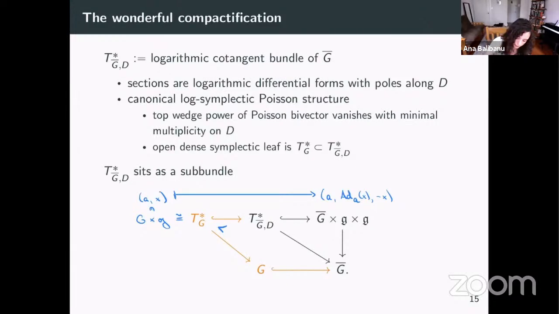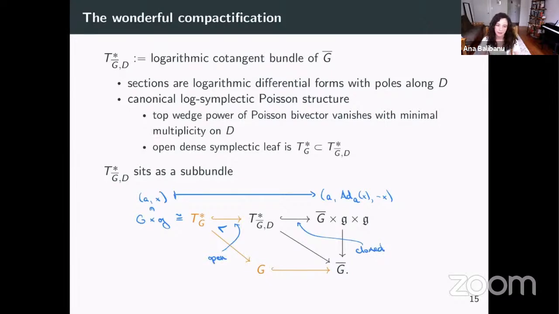In fact, you'll notice that this is an embedding using the usual moment map on the cotangent bundle of G. And so this is an open embedding of T star G into the log cotangent bundle. And then the statement is just that the log cotangent bundle is isomorphic to the closure of this embedding over here. So this is now a closed embedding.